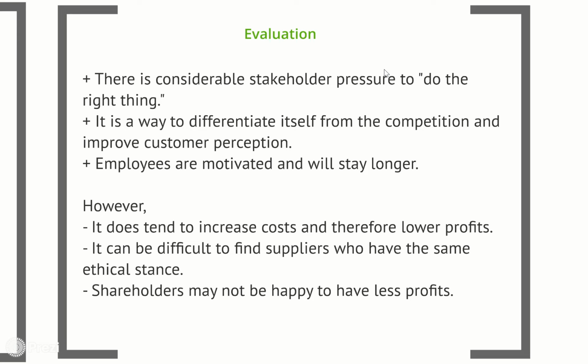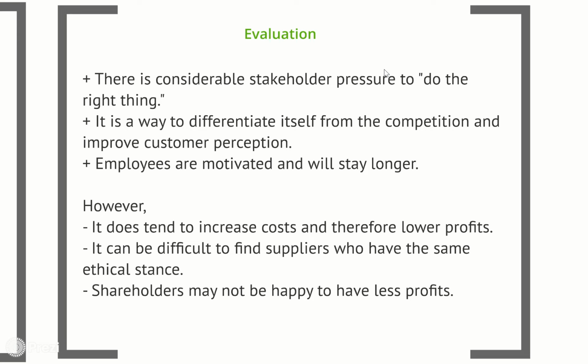So let's say you work for a company that pollutes the ocean, you live near California or the Bay, and you really love the ocean, but you work for a company that you actively know doesn't care and pollutes the ocean. You won't be motivated to work for that company because it goes against your personal values. However, it does tend to increase costs and therefore lower profits, and it can be difficult to find suppliers who have the same ethical stance.